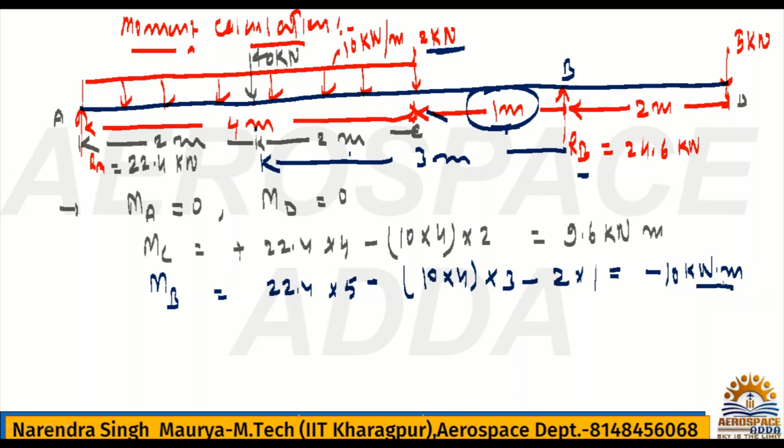This is the moment, right? And as I have already given, at end of the beam, which is nothing but MD, it will be 0. Okay, it will be 0. All right. And once you got the moment, then we have to draw the moment diagram.